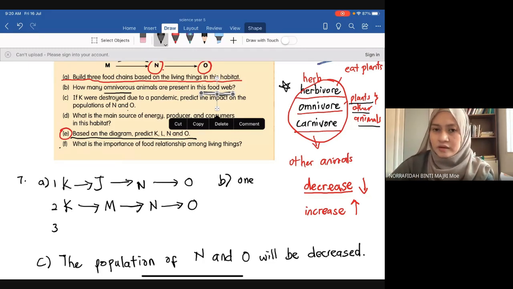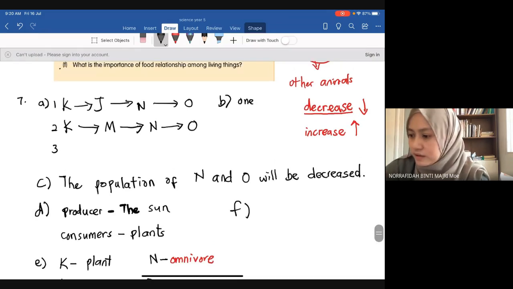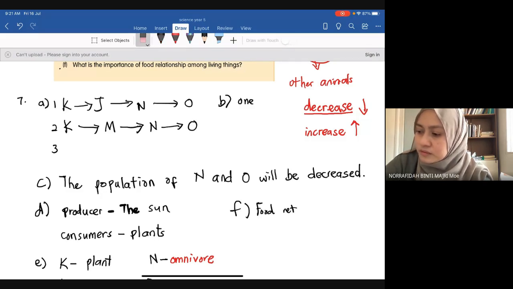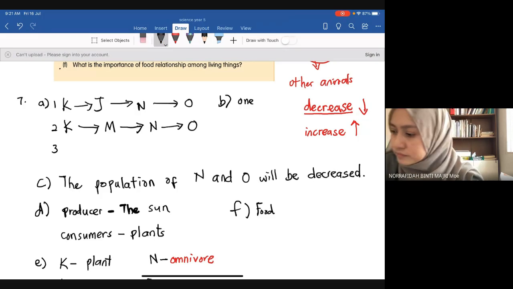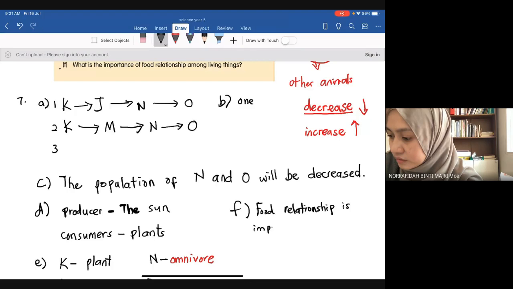Okay, I write down for you. This is my own word. Food relationship is important to ensure the balance in an ecosystem or the balance in the nature.